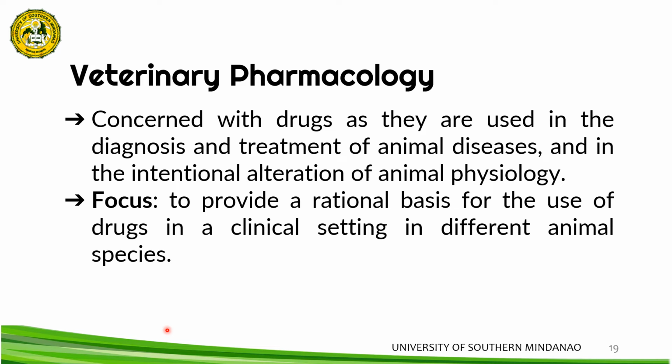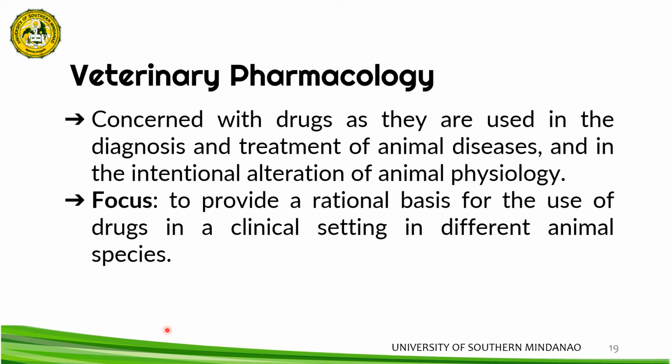So when we say rational basis for the use of drugs, veterinary pharmacology involves the use of drugs in a reasonable manner, meaning that we have a specific purpose in mind and we have the appropriate indication, appropriate goal in order to treat a particular disease.